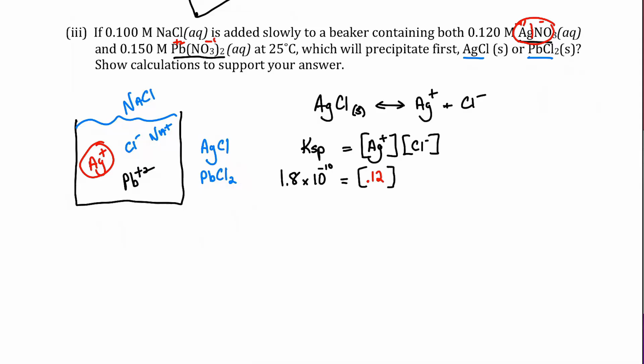And then what we're going to do is solve for the chloride ion. And you say, well, why are we doing that? Well, we want to know what concentration, or molarity, of the chloride ion we actually have to reach equilibrium. And any value greater than that would cause a precipitation.